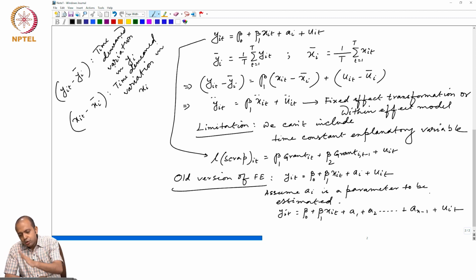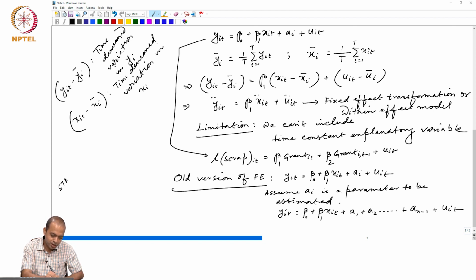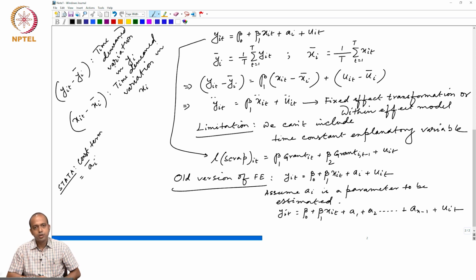Now, what Stata is reporting as the constant term is actually A_i bar.